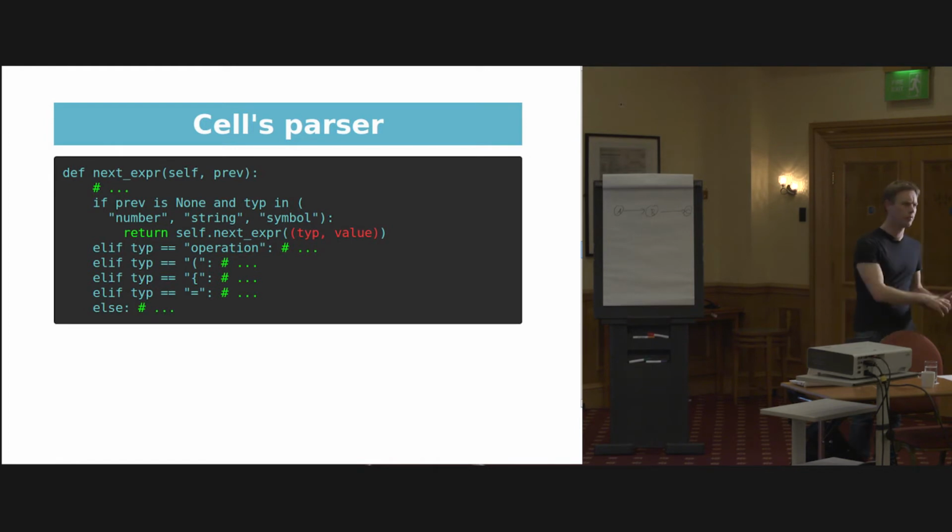So now we've done a bit of parsing. We've found this string, number or symbol, and we're recursively calling nextExpr, passing that as the thing we've already parsed, this number now, or this symbol or this string.